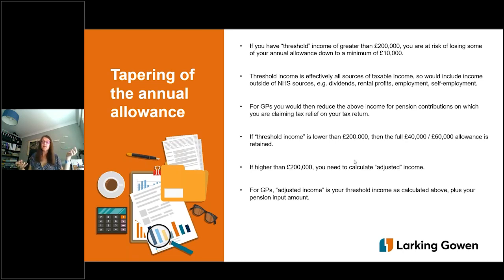But if you think you're going to be close to the 200,000, you may bring forward some expenditure to reduce your taxable income below the 200,000. So bring it into an earlier accounts year, i.e. rather than buying those new pieces of equipment in April, if you've got a March accounting year end, you might buy them at the end of March and then you get the tax relief a year earlier and may get below the 200,000.